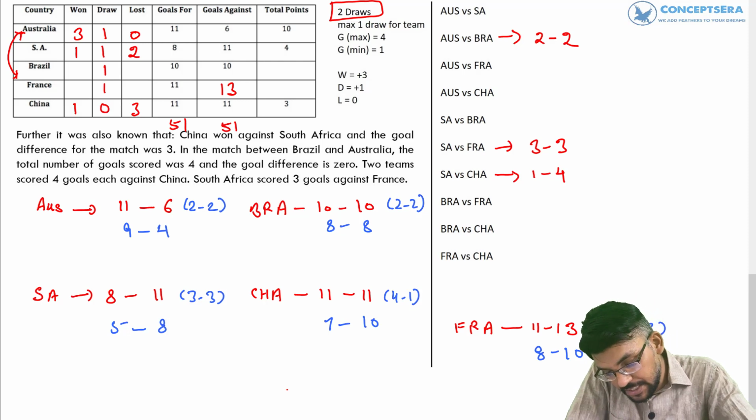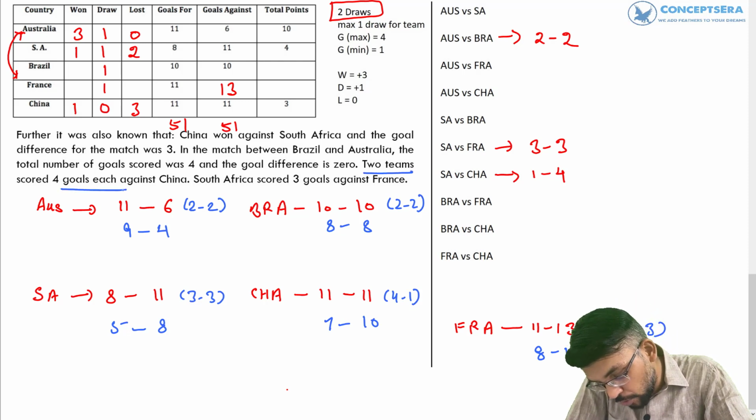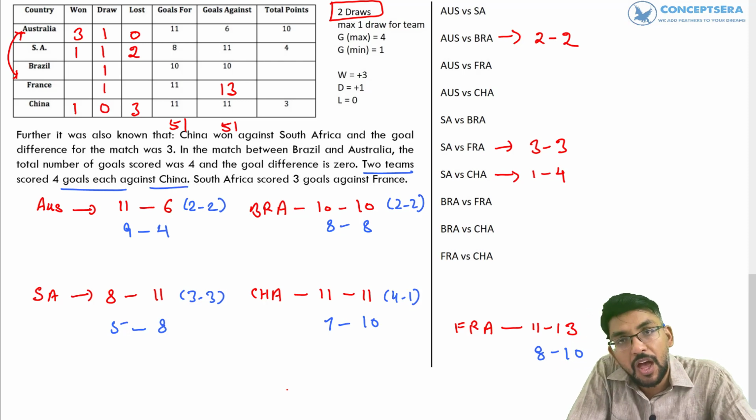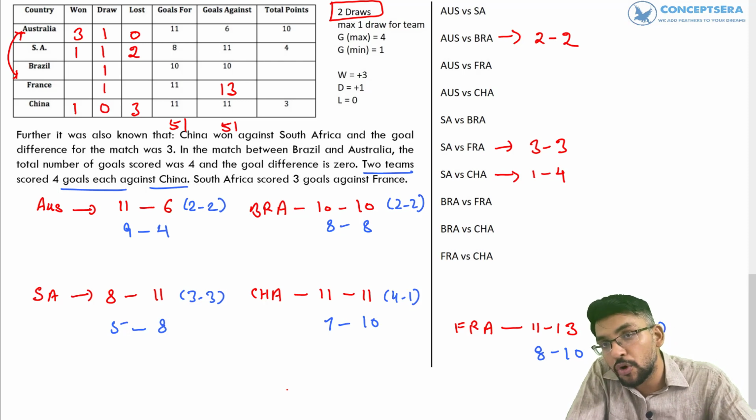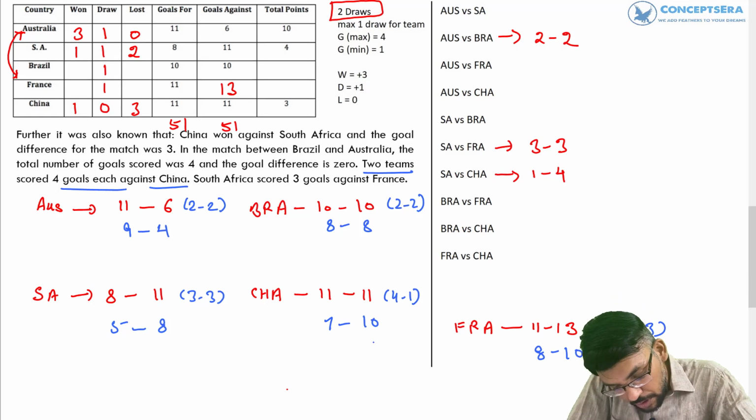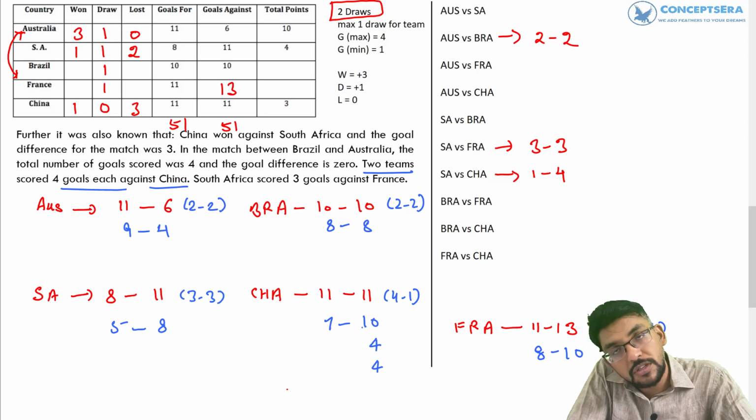Further, if you see, it is given to us that 2 teams scored 4 goals against China. One match of China is already over against South Africa, and in the other 2 matches another team has scored 4 goals against China. So 4 is here against China and 4 is here. The total number of goals left out is given to us as 10.